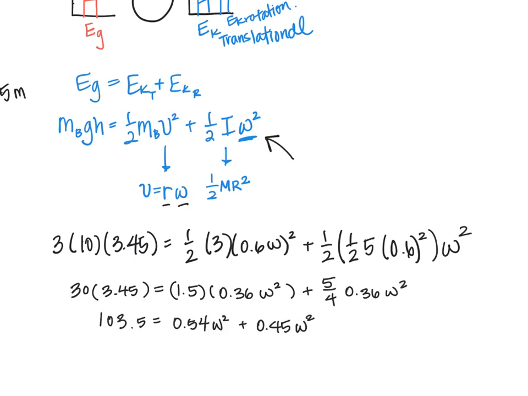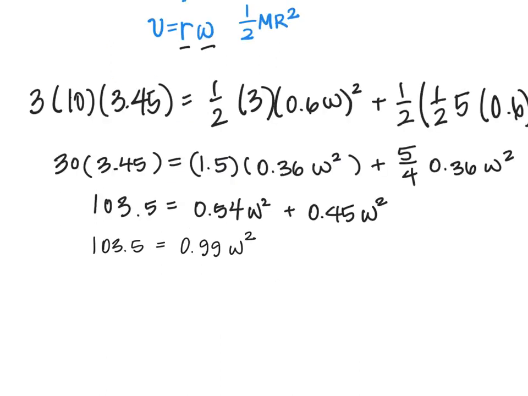After simplifying, we can isolate omega squared, divide by 0.99 on both sides and take the square root. And then 10.2 is equal to omega.